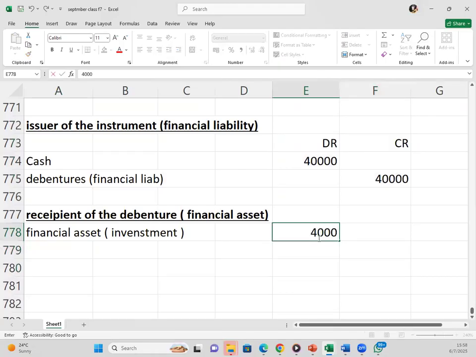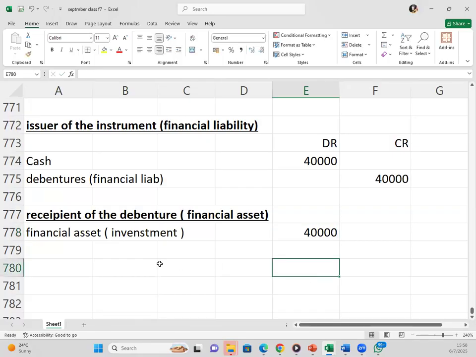So to them, they debit the 40,000 as investment. Then they credit cash because they are the ones that have paid the cash.